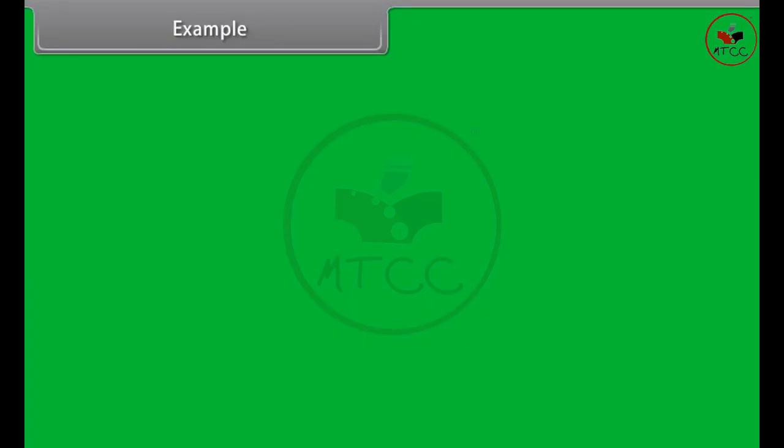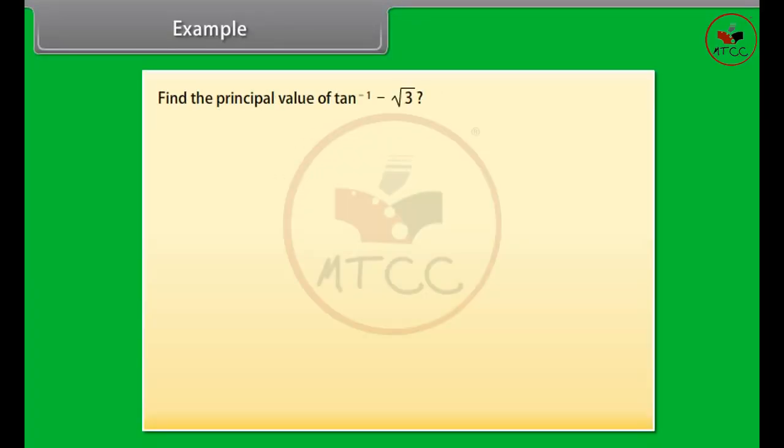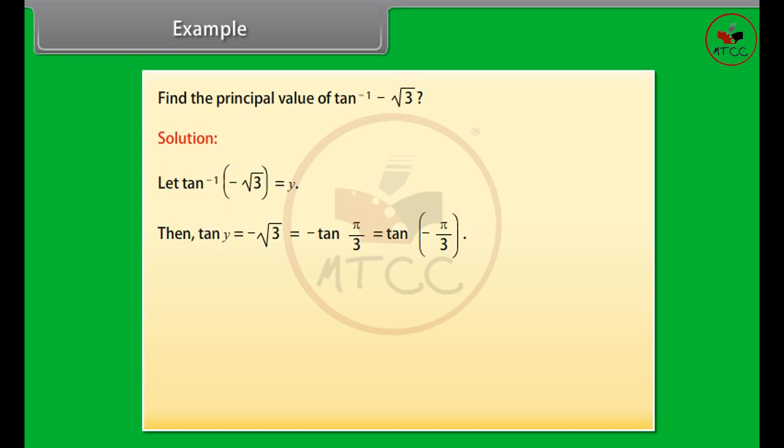Example. Find the principal value of tan inverse of minus square root 3. Solution. Let tan inverse of minus square root 3 be equal to y. Then tan y is equal to minus square root 3, which is equal to minus tan pi by 3, which is equal to tan of minus pi by 3.